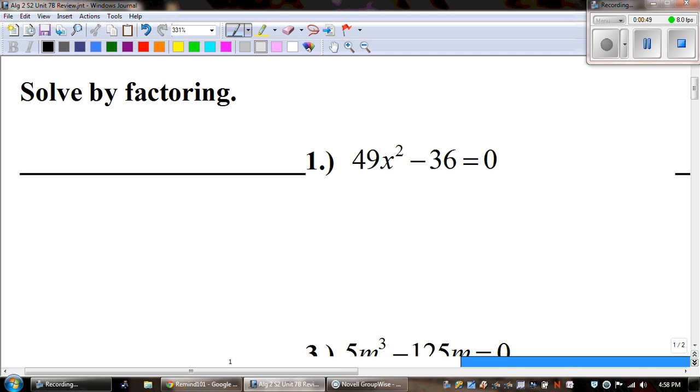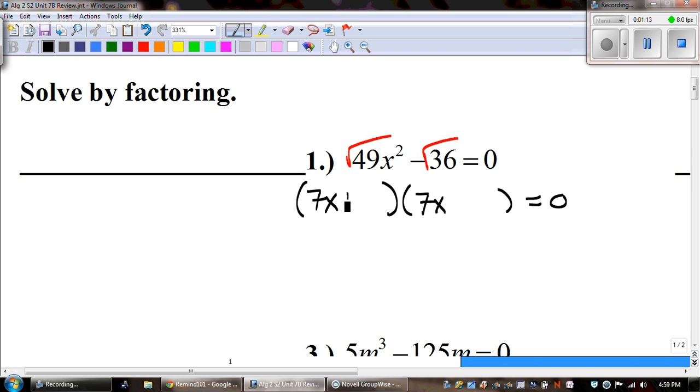So it's a quadratic binomial and it's subtraction. That means that I can take the square root of both of those, and it breaks down into two binomials. The square root of 49x squared is 7x.